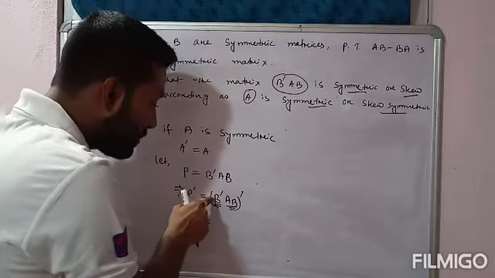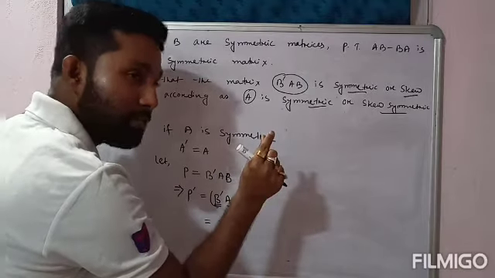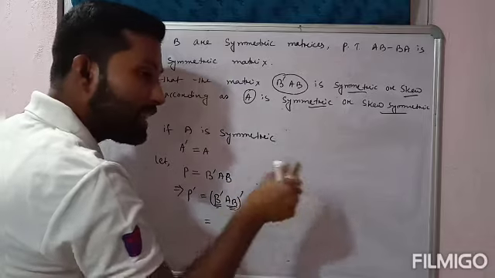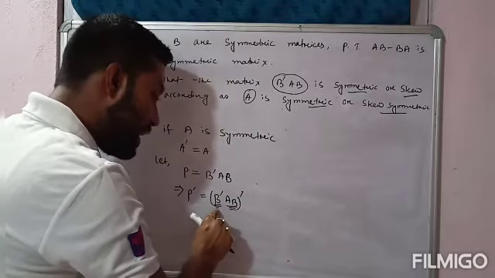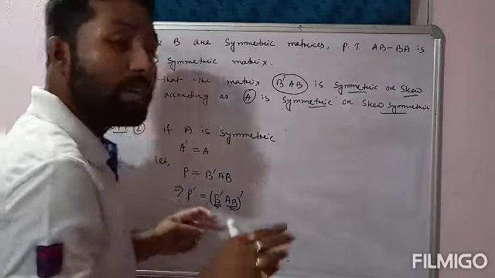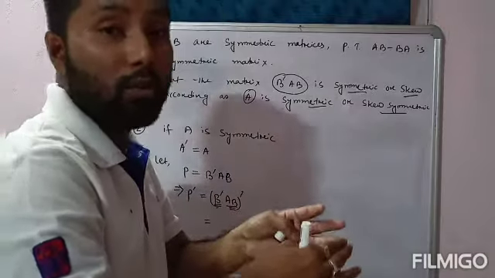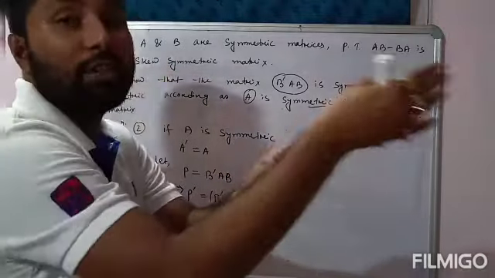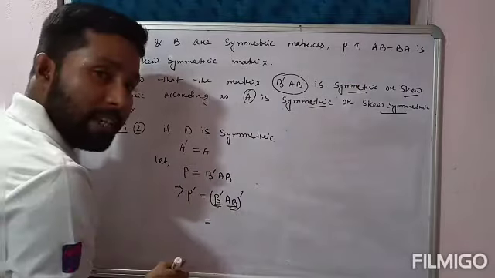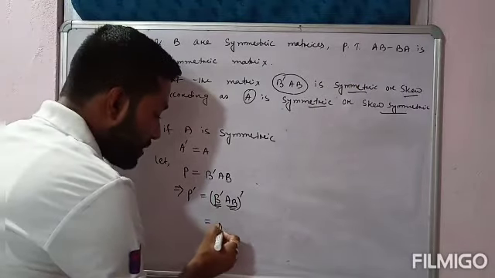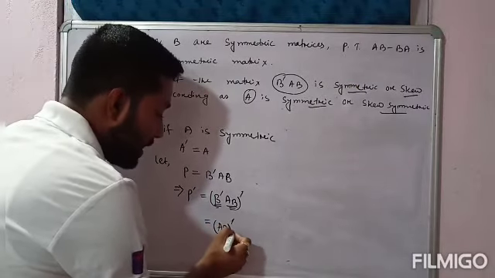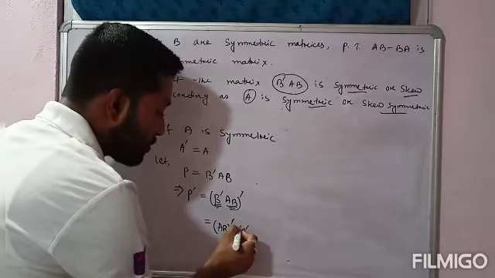I am considering B transpose is one matrix, that is matrix A, whereas AB is another matrix, that is matrix B. So A into B whole transpose, what is the property? A into B whole transpose equal to B transpose into A transpose. Which one is B here? AB. So B transpose into A transpose.